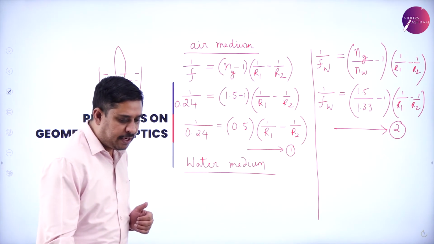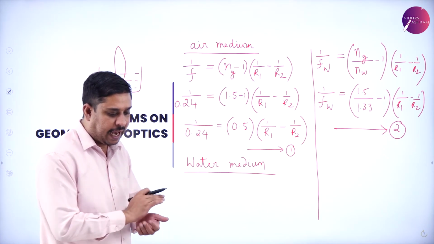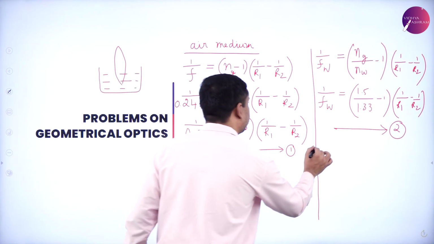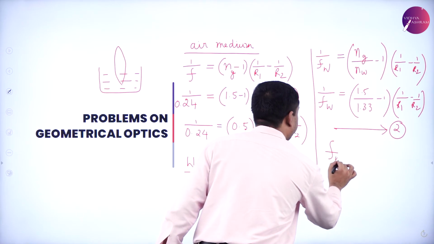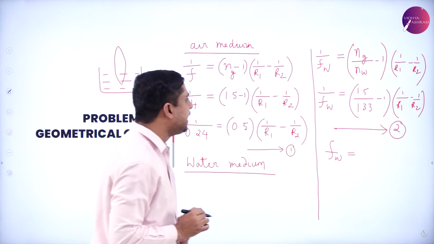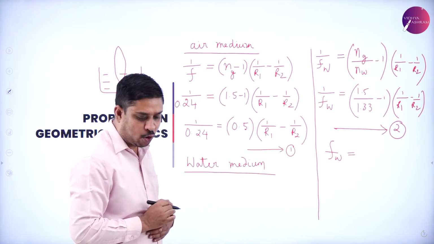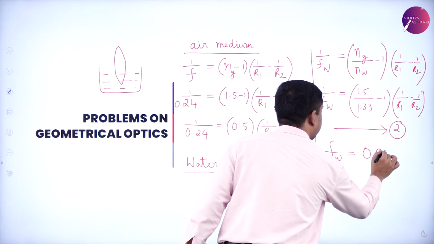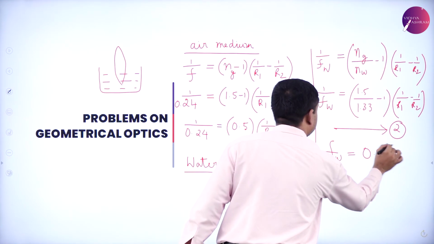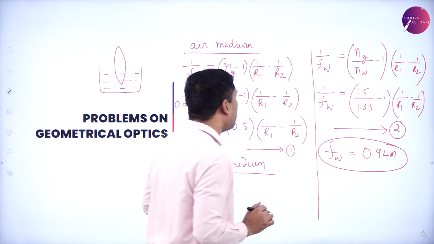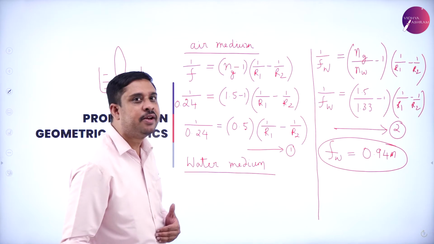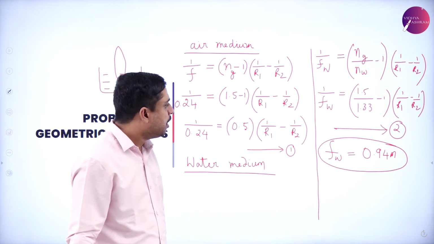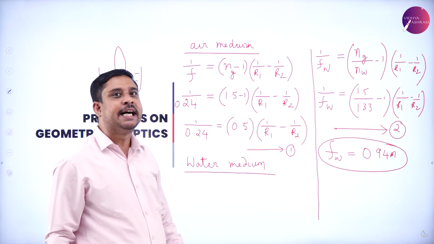Now on simplification, we have the focal length in water, Fw, which is equal to 0.94 meters. The focal length in air is given as 0.24 meters.